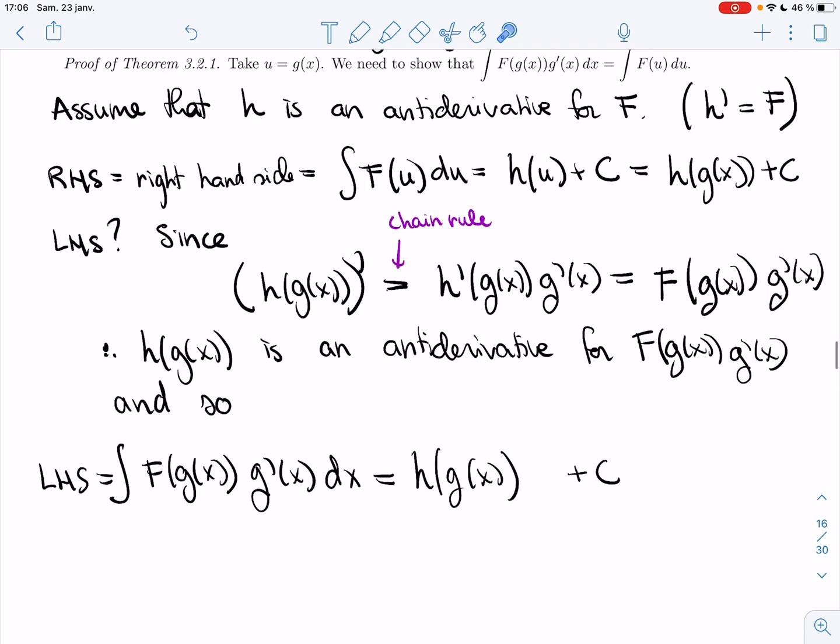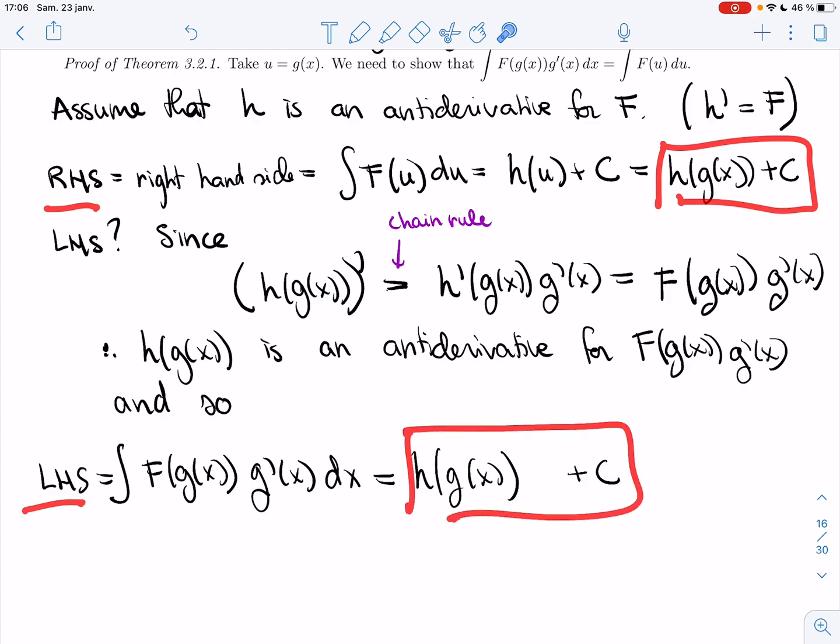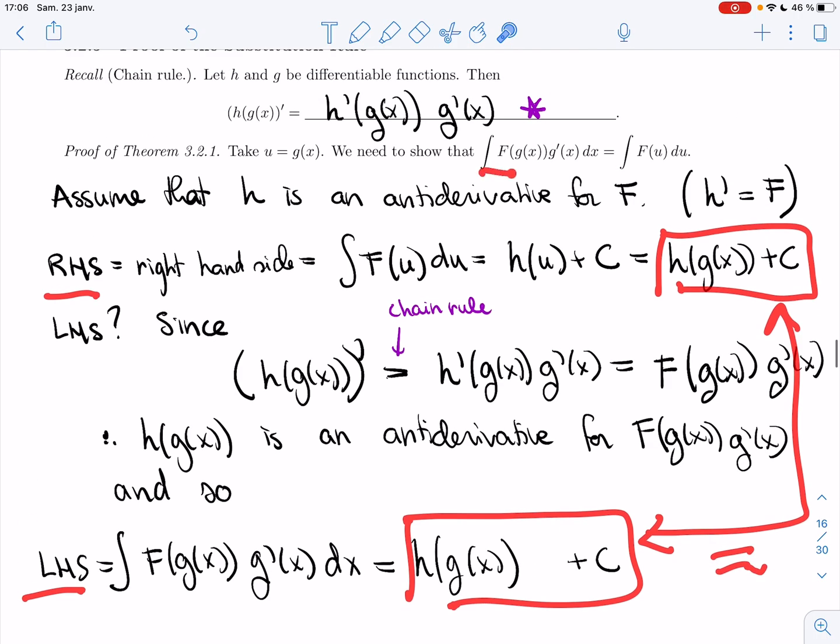Now, if you notice, the right-hand side gave me h of g of x plus c. The left-hand side gave me h of g of x plus c. Since these are equal, I've just proven that the left-hand side is equal to the right-hand side.